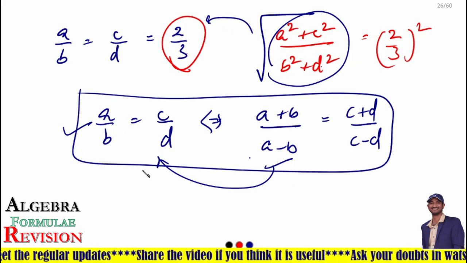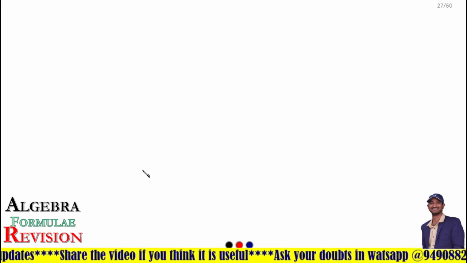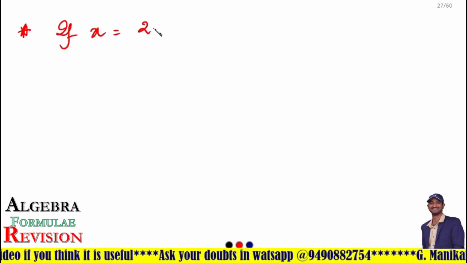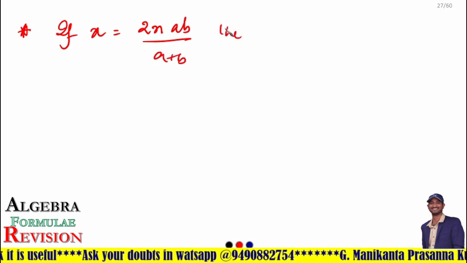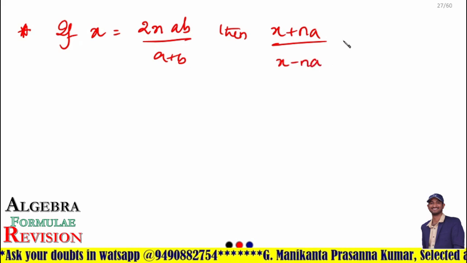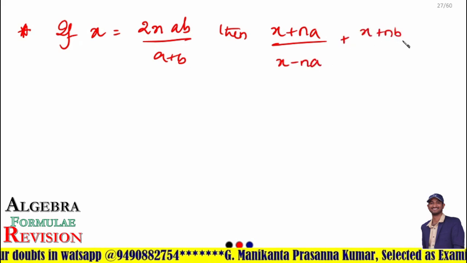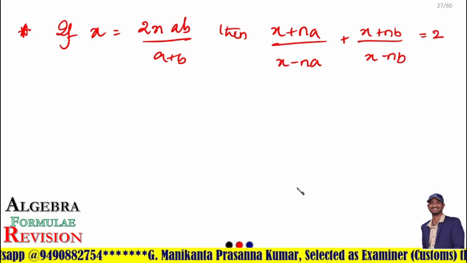In the same topic of ratios and proportions, we have some important formulas. Whenever x is equal to 2nab/(a + b), then (x + na)/(x - na) + (x + nb)/(x - nb) is always equal to 2.